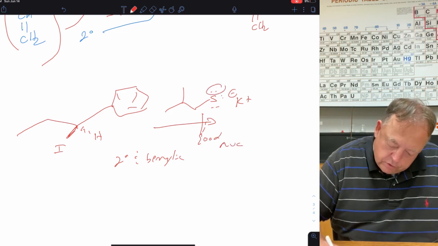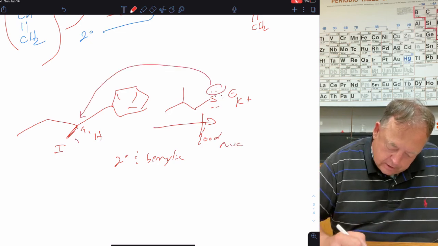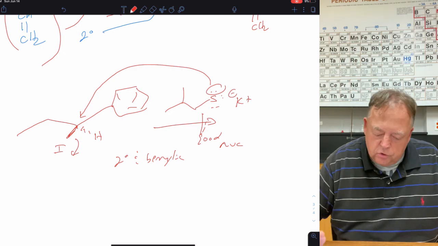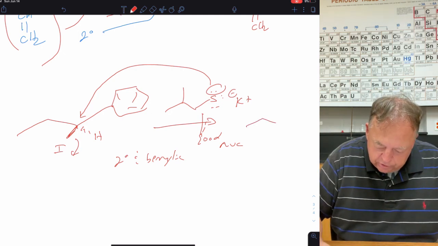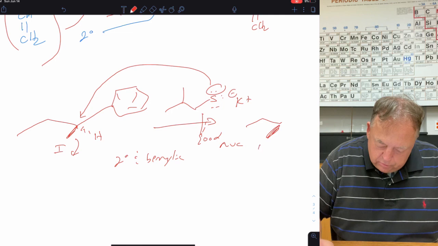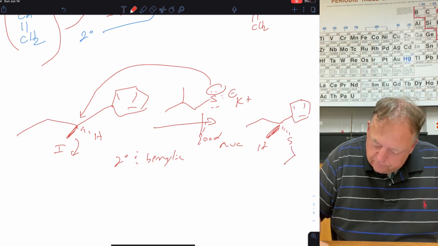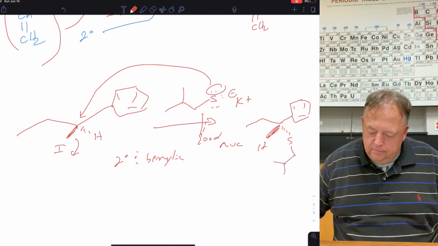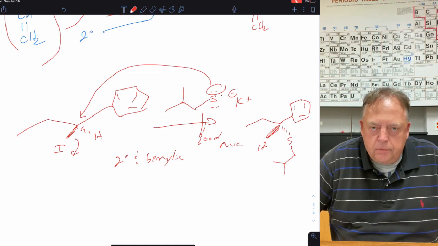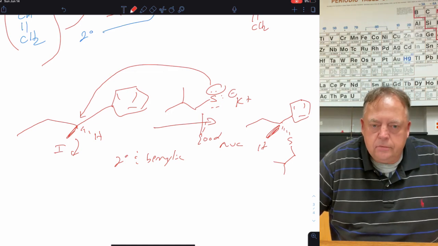So sulfur is going to attack this carbon and kick off the iodine. That's a chiral center where it's reacting at, so you need to show the stereochemistry flipping. So move the hydrogen to the front and attach the nucleophile in the back. And then whatever's attached to sulfur is just along for the ride. So that would be one way to illustrate the product and illustrate the inversion of stereochemistry also.